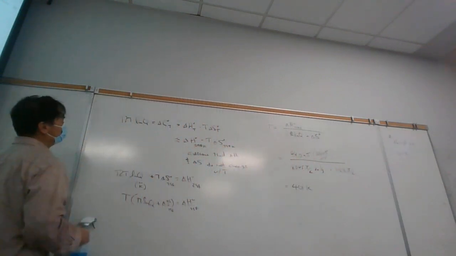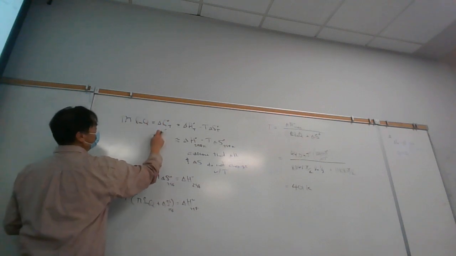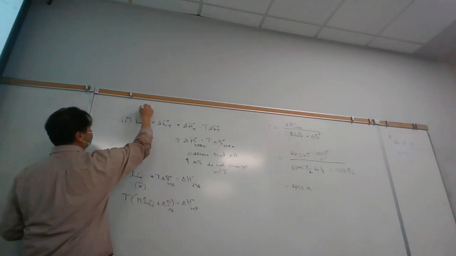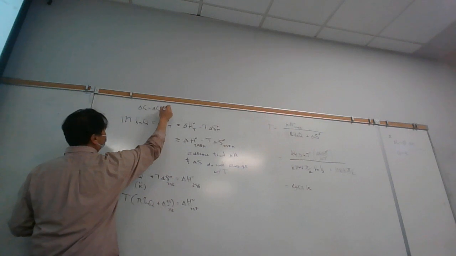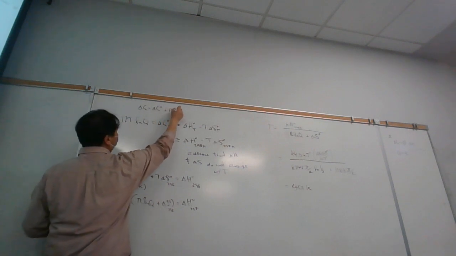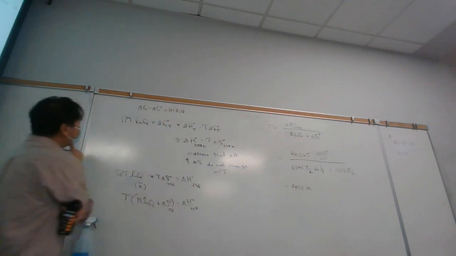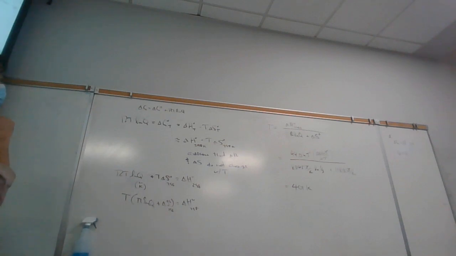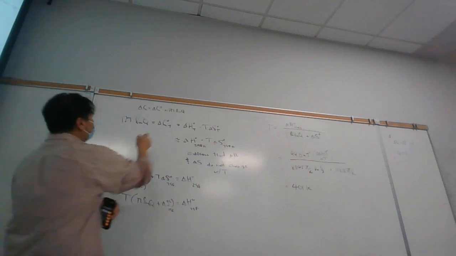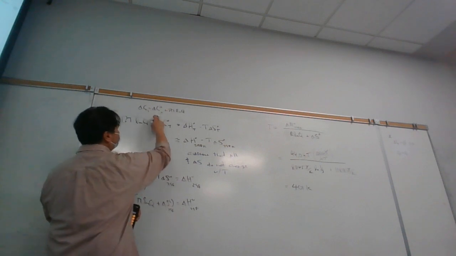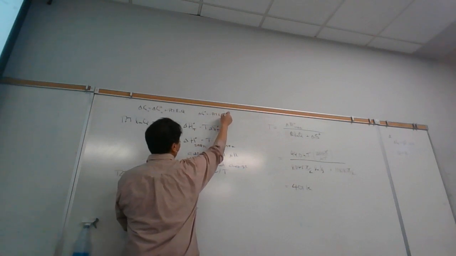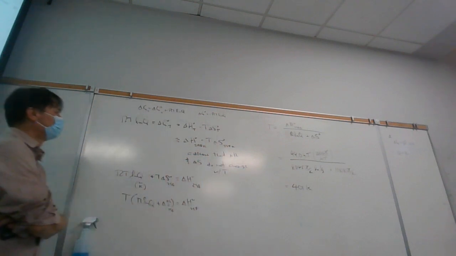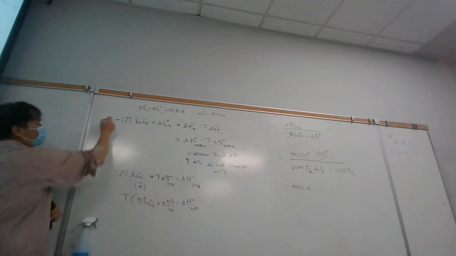I think this is what I did wrong. Delta G is equal to delta G naught plus RT ln Q. And so if I'm doing delta G naught here, delta G naught is equal to minus RT ln Q. And so I forgot this here.